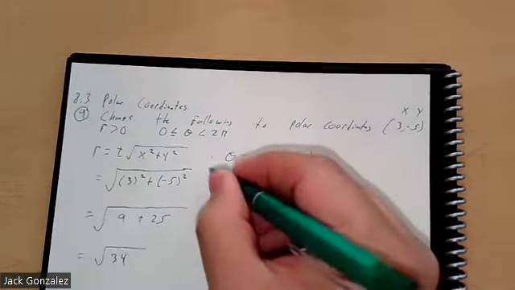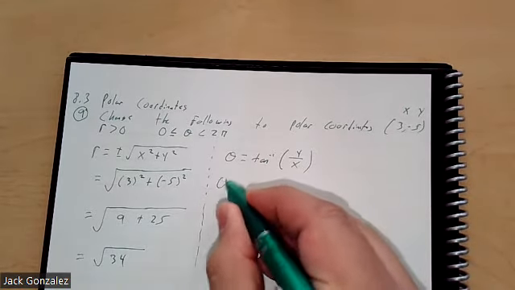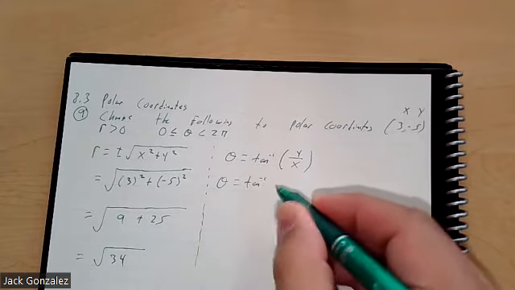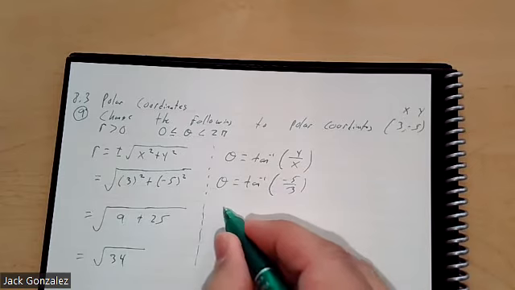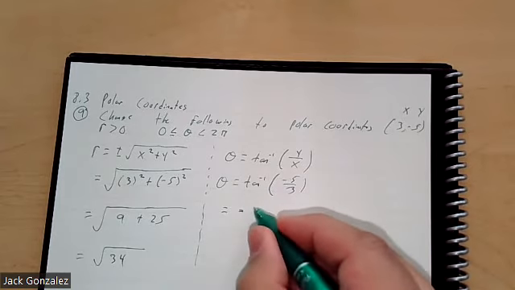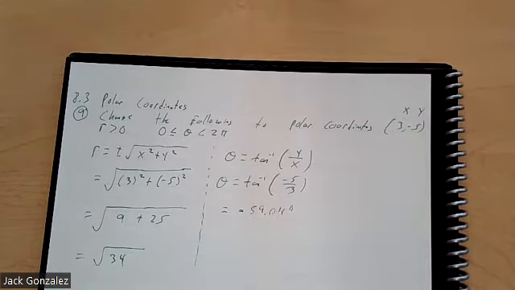Now find your theta. This will be tan inverse of -5 over 3, which will be -59.04 degrees on your calculator.